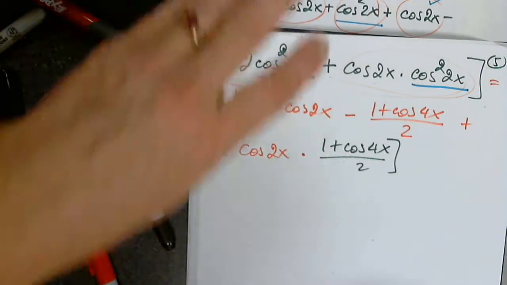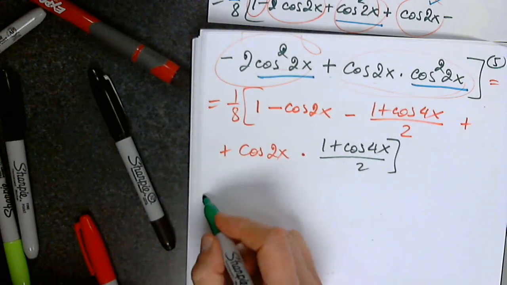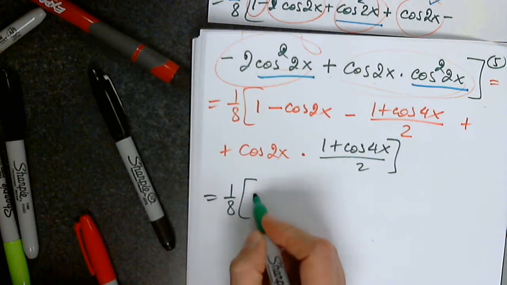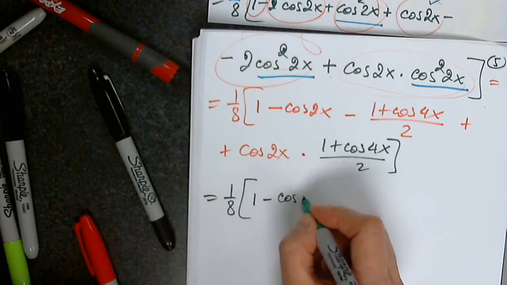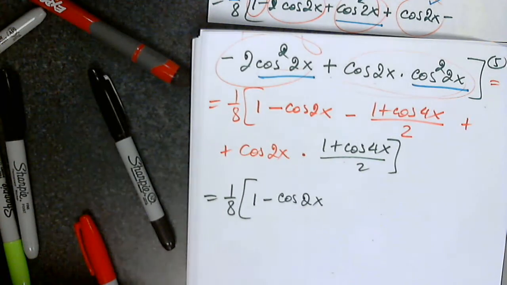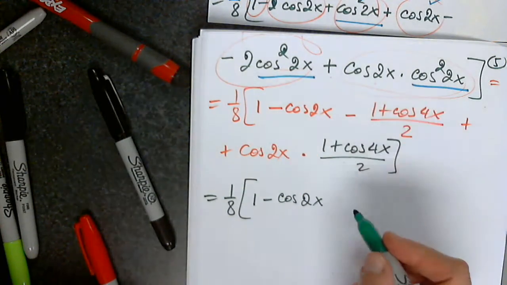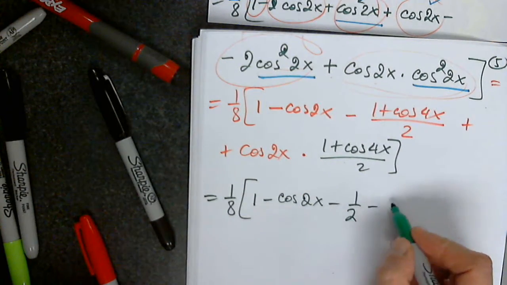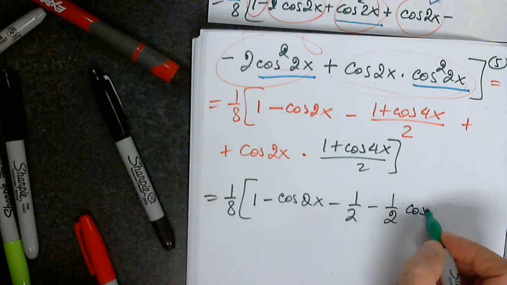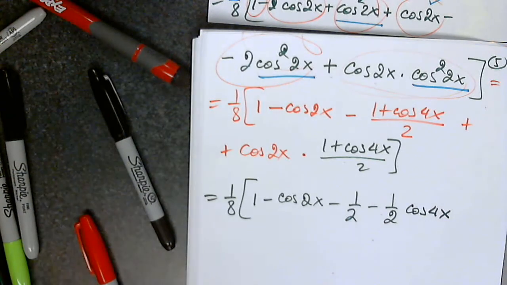So 1 over 8 in front, 1 minus cosine twice x. I will separate this fraction. I'm coming up to this fraction. I will separate it into negative 1 over 2 and negative 1 over 2 cosine 4x. I separate into 1 over 2 plus cosine 4x over 2. Don't try to simplify. That's just the coefficient in front.